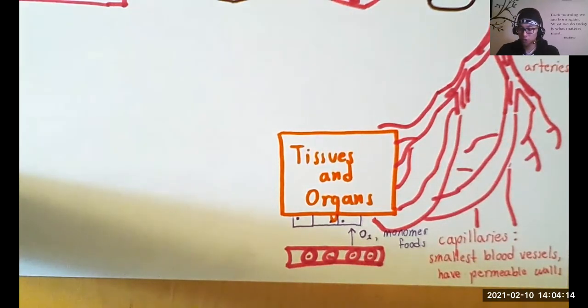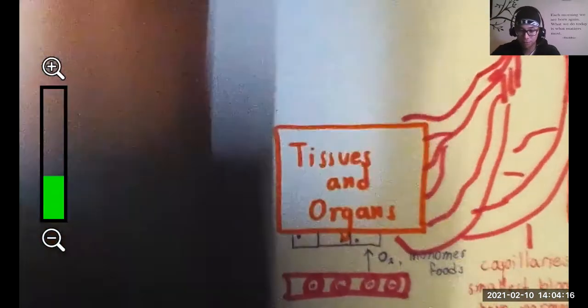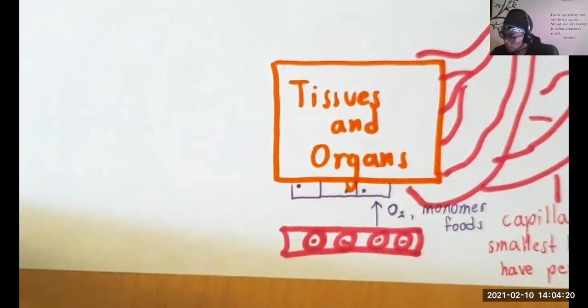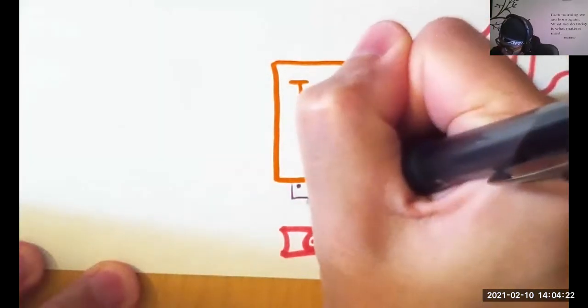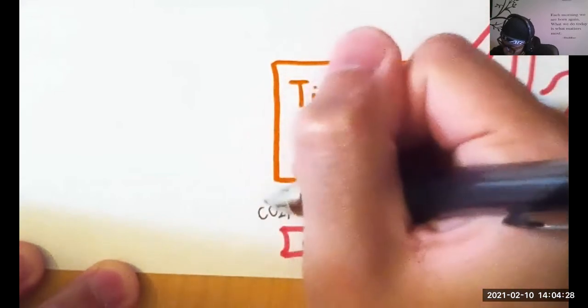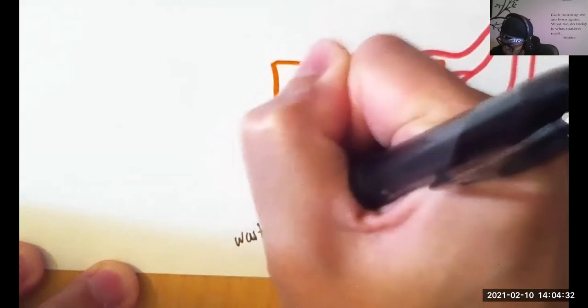In exchange, the cells are going to drop off the waste that it doesn't need. So what waste does it have? It has carbon dioxide gas and other waste products.